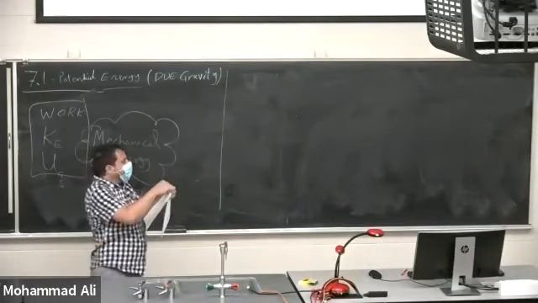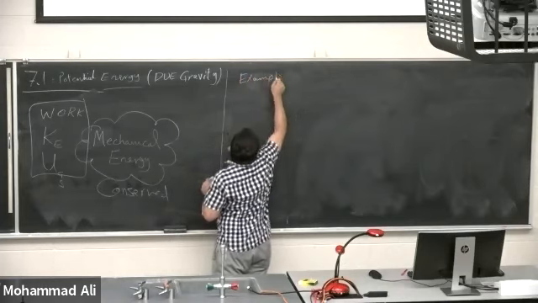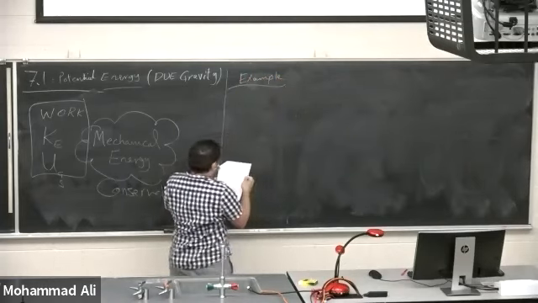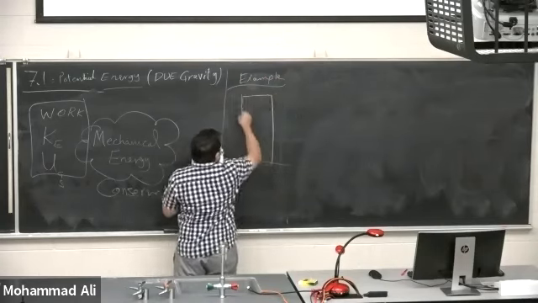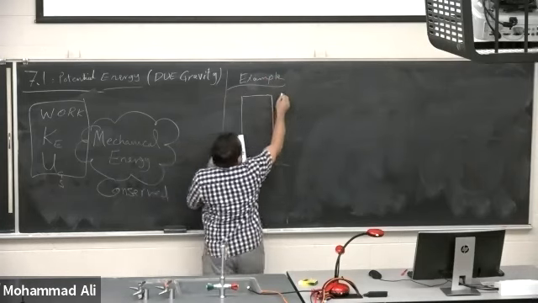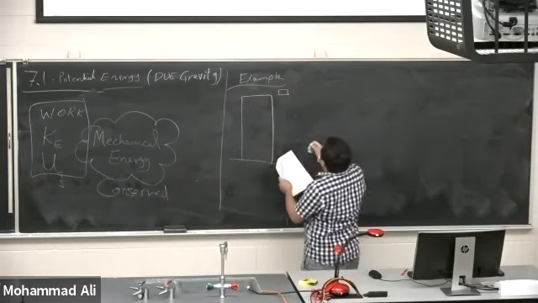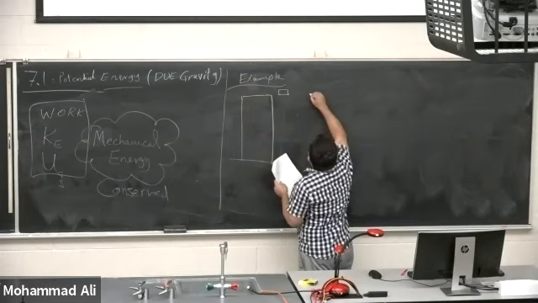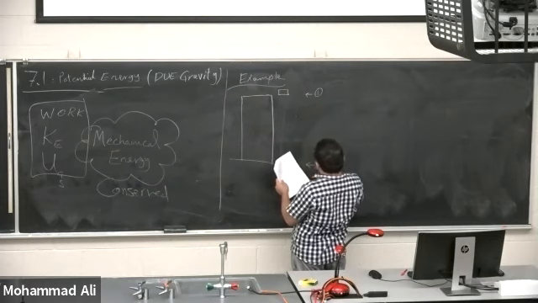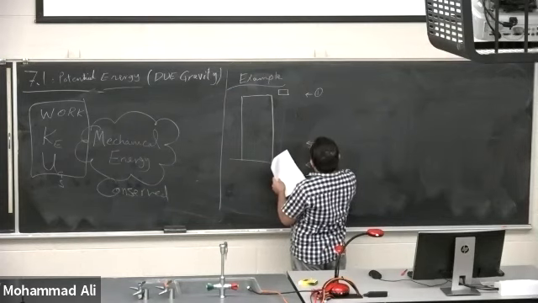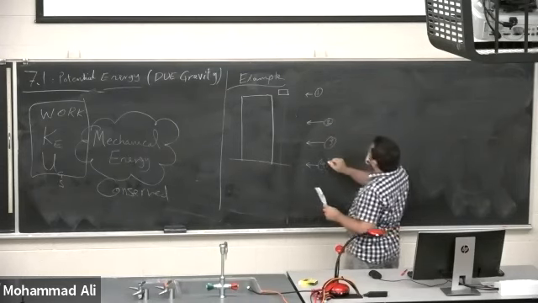We have the same example, that building example. We have an object at this altitude. This point is 1, and this point is 4. We have 4 points. This is point 2, and this is point 3.